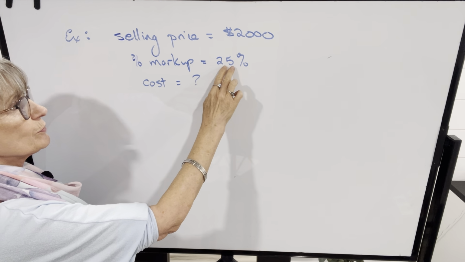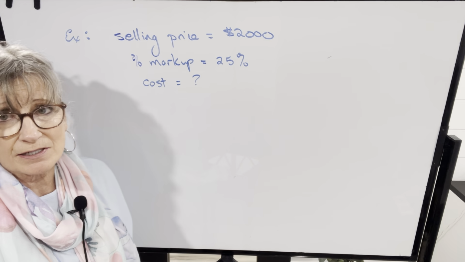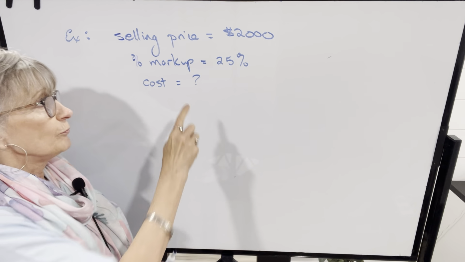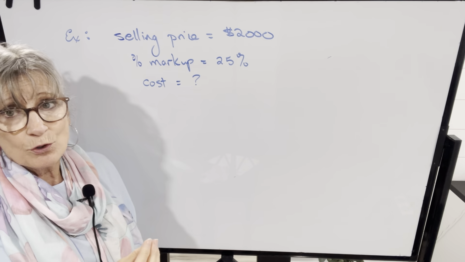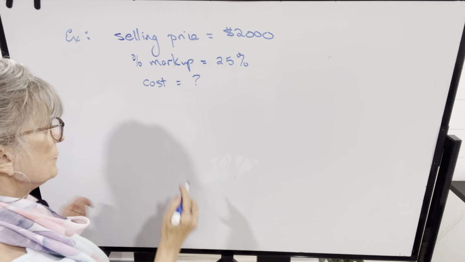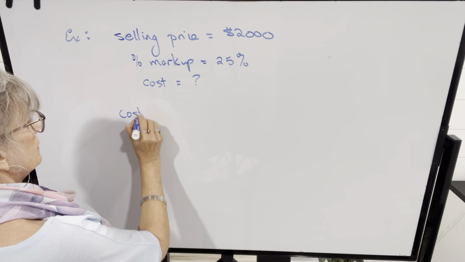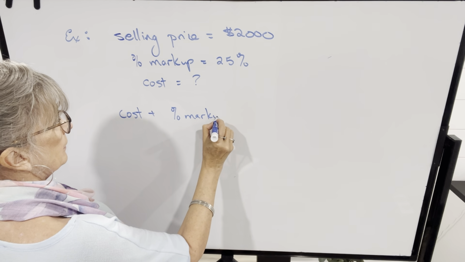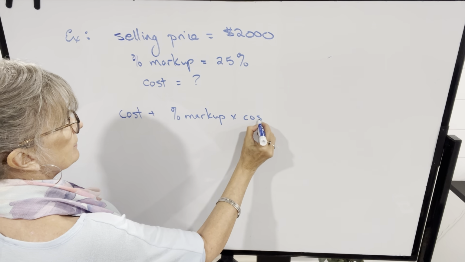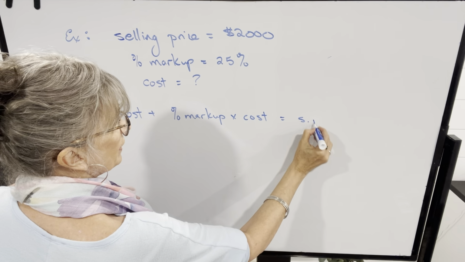We cannot take 25% of 2,000 and subtract it. We only can do that if we know the percent margin. So in this case, because we know markup, the formula that we're going to use is cost plus percent markup times cost will equal our selling price.